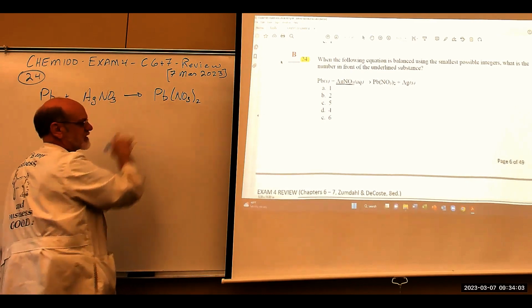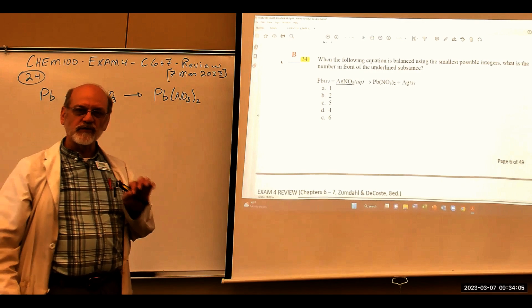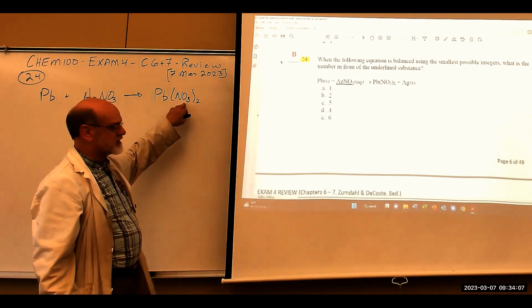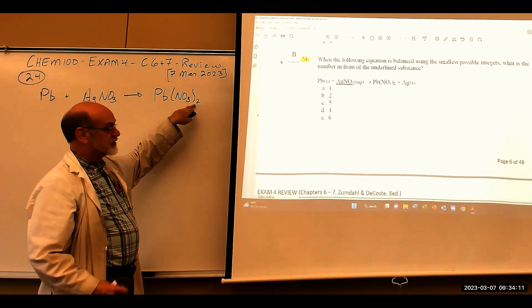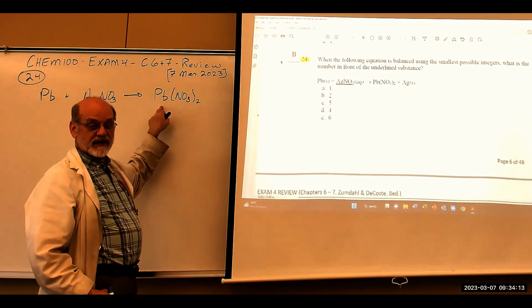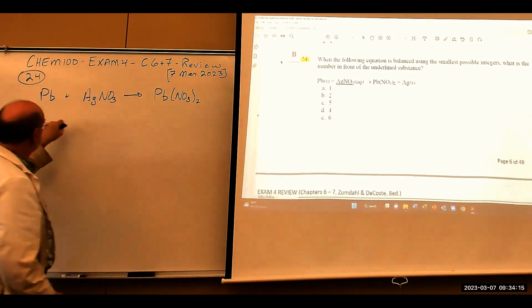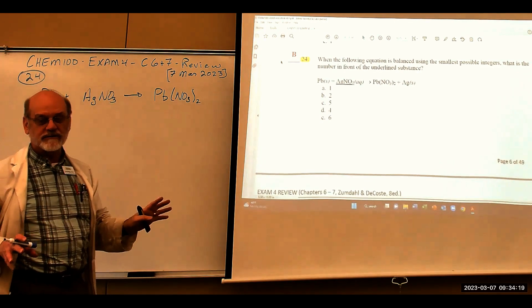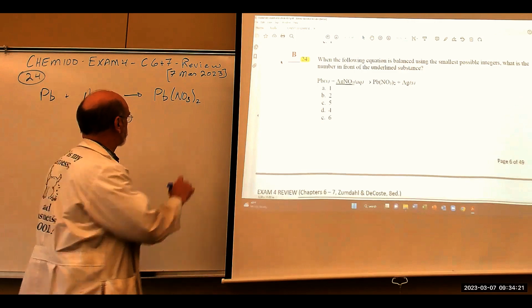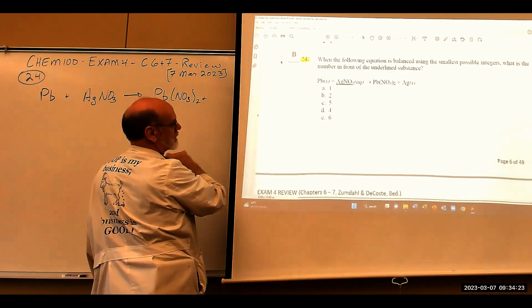How do I know that that's a lead with a Roman numeral 2? Because nitrate is a -1. And 2 of it means -2, so the lead has to be a +2. Same, and well, over here there's no charge because that's a pure element. And then the last one is silver.